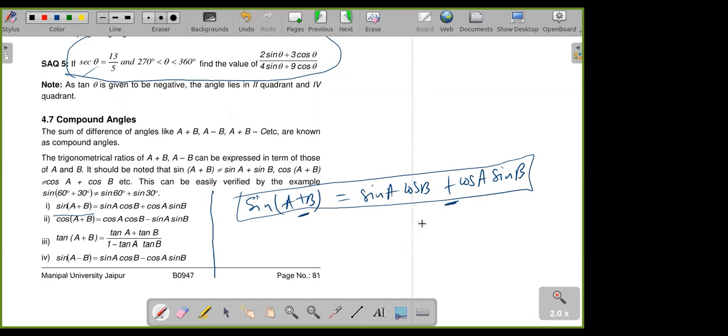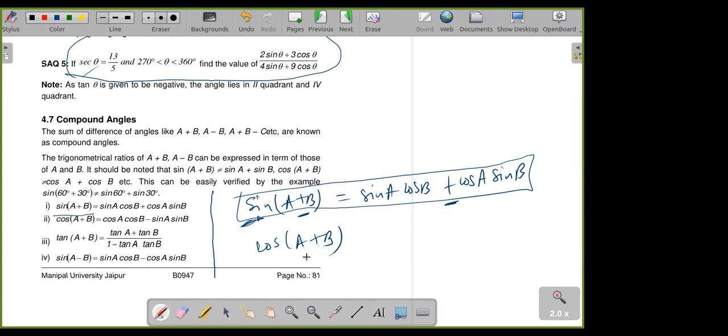And how to remember? If it is sine, then it comes in pairs like sine cos, but exchanging the angles. Sine A cos B, cos A sine B, right?